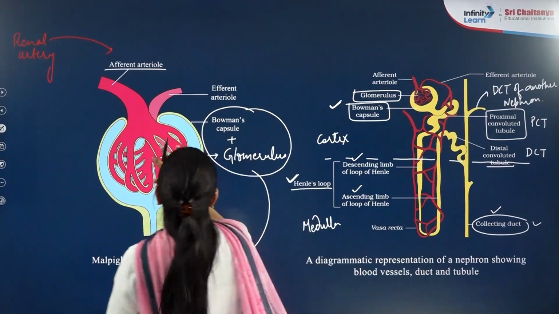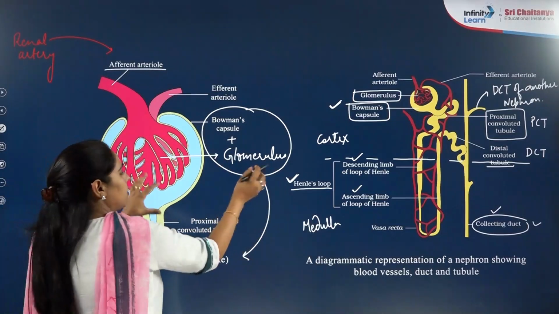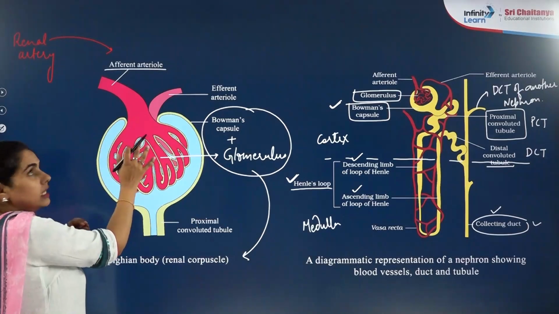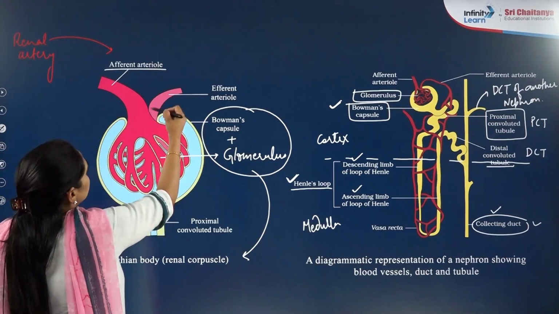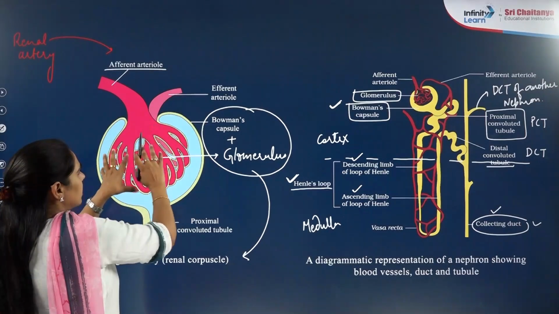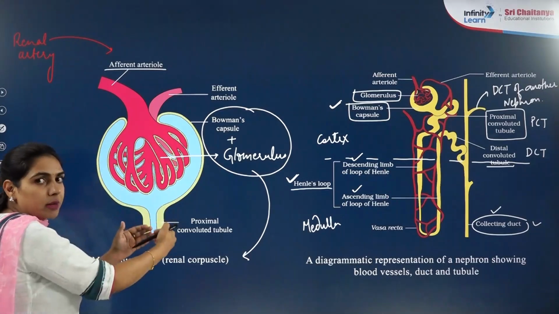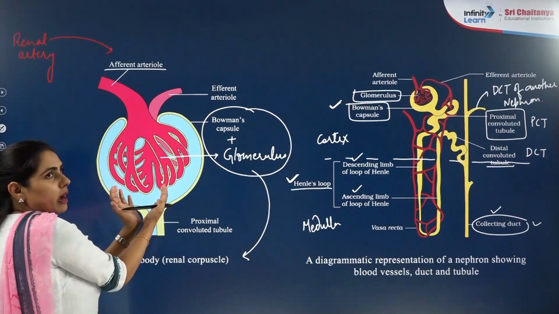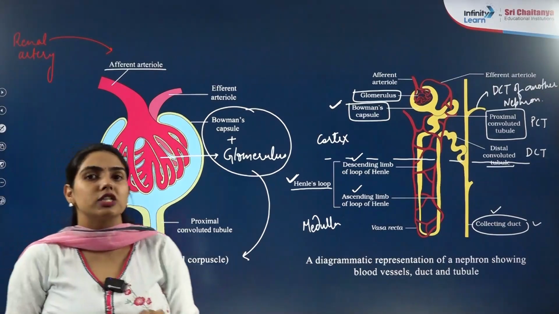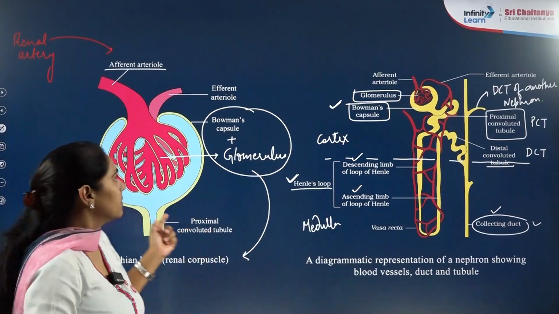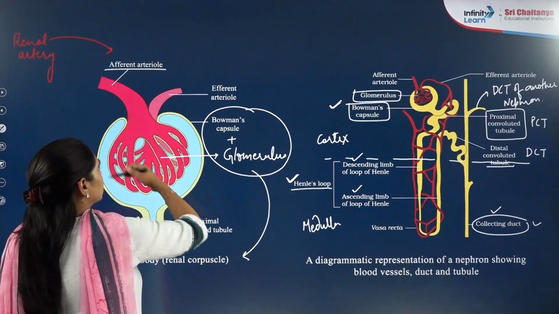So what is there here? Blood. In this glomerulus, what is present? Blood is present, and some of the blood will remain here, because filtration needs to be done and urine formation needs to be done from this part. I will tell you how urine formation takes place, right? But before that, you need to understand this structure.